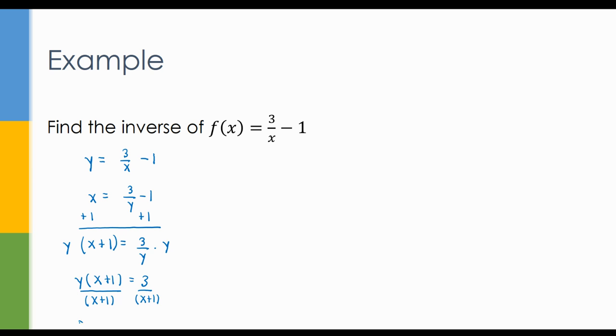So that's why we get y to equal 3 all over x plus 1. This will be a function because once again, if I plug in a value for x, I will get exactly one value for y. So we have f inverse of x equal to 3 all over x plus 1.